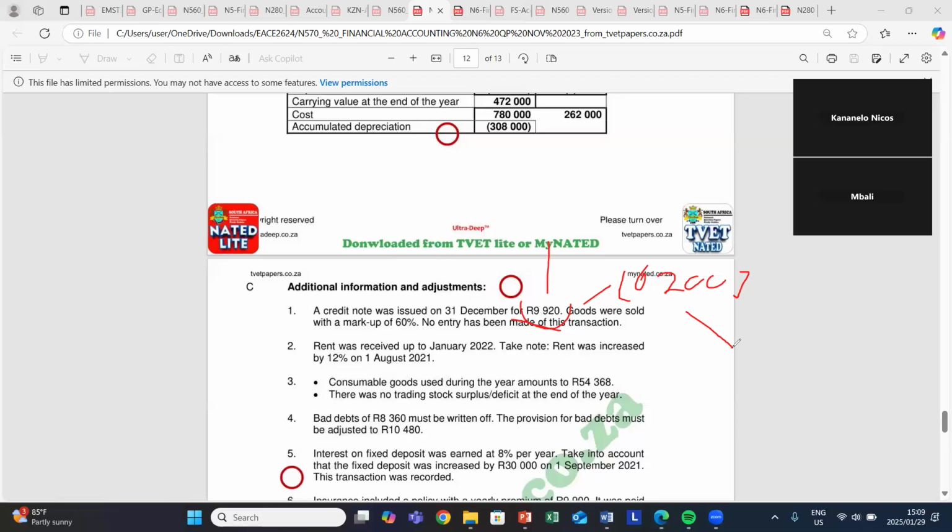You can just take a guess. Do you think that we will add it or minus it? Add. We will add it. That's correct.